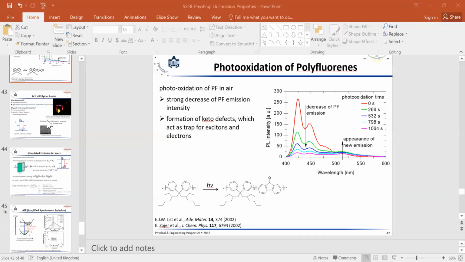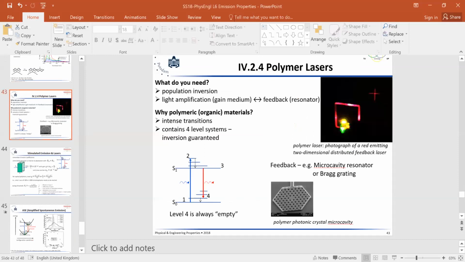Okay, so let's carry on. The next thing that we'll just touch upon and quickly go through is lasers, polymer lasers. The gain medium material for lasers can generally be divided into solid gain media, gas gain media, liquid gain media, and semiconductors.